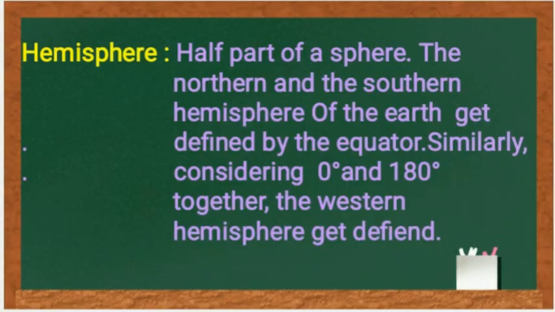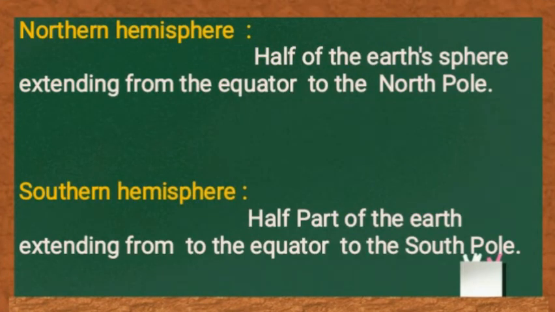Hemisphere. Students, do you know the meaning of hemisphere? Half part of the sphere. The northern and southern hemispheres of the earth get defined by the equator. Similarly, considering 0 degree and 180 degree together, the western hemisphere gets defined. Northern hemisphere: half of the earth sphere extending from the equator to the North Pole.